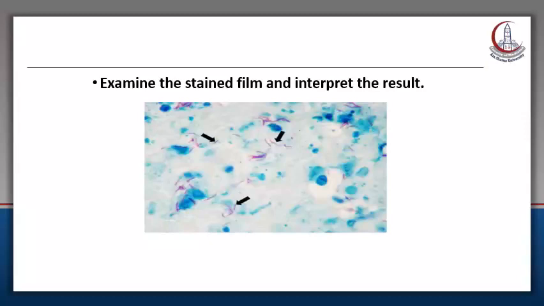So it is stained by the acid-fast staining, the Ziehl-Neelsen method. In this picture of a Ziehl-Neelsen film, the black arrow is marking the pink bacilli of Mycobacterium tuberculosis stained with concentrated carbol fuchsin, and the background of pus cells and squamous cells stained blue by methylene blue.